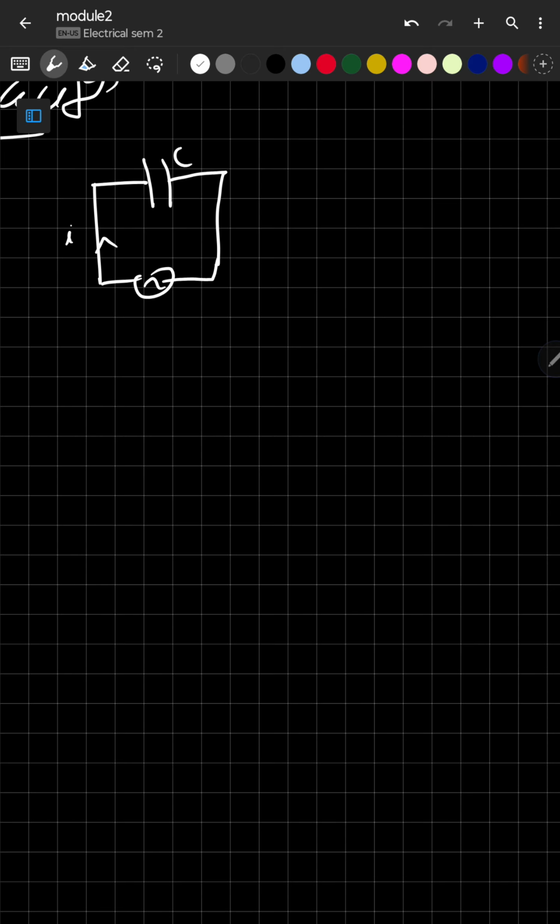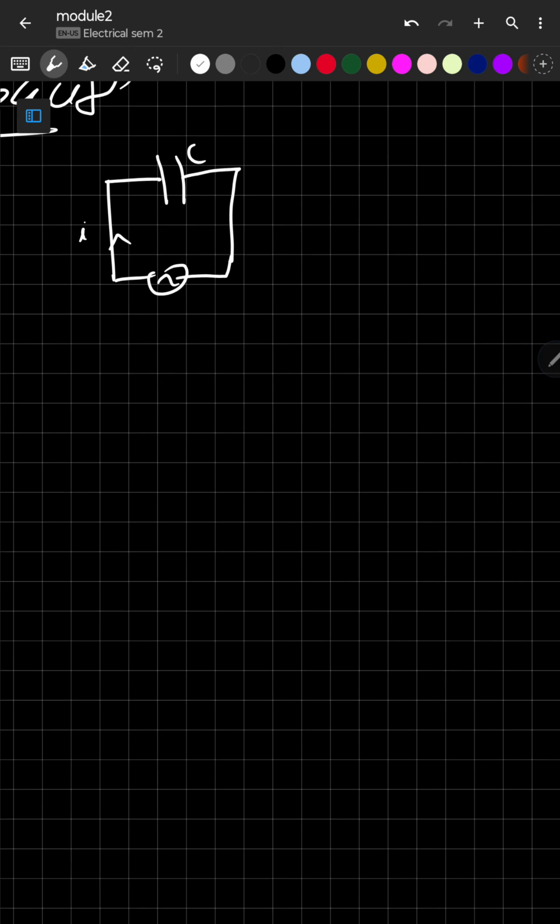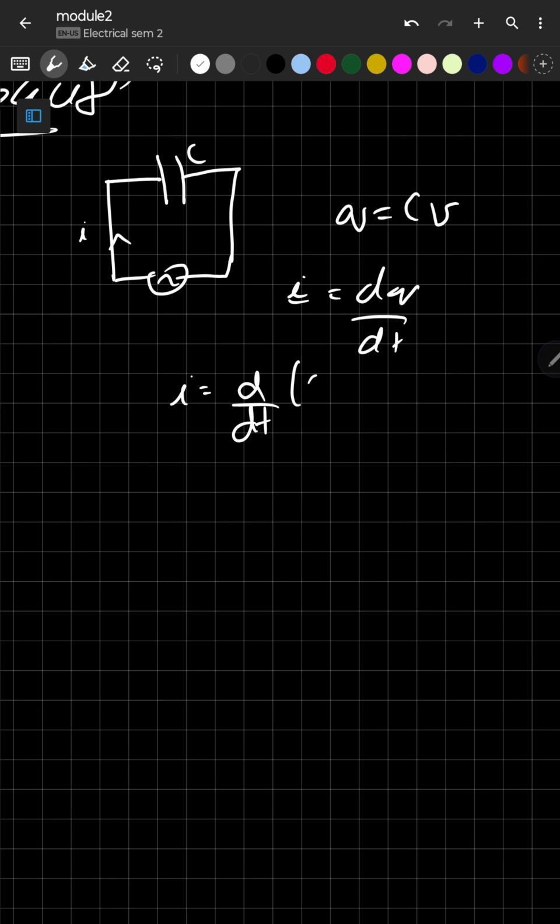Current charges the capacitor, and that instantaneous charge is given by Q equals CV, and the rate of flow of charge is basically current, given by I equals dQ by dt. I'll write small i. So i equals d by dt of CV. This much you understood.